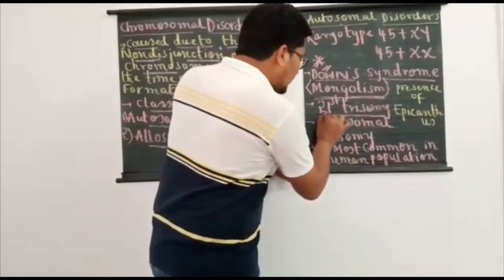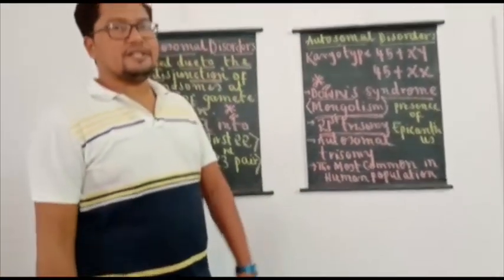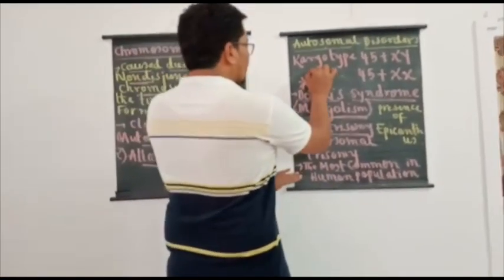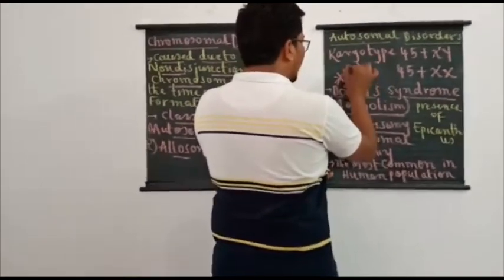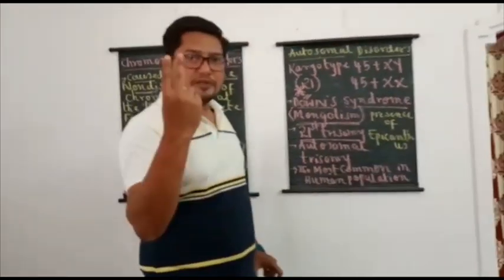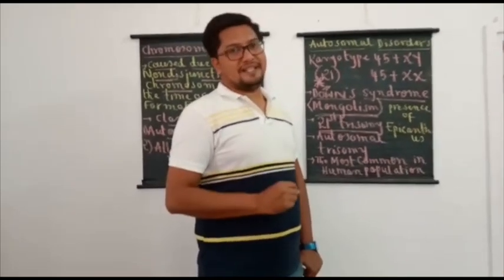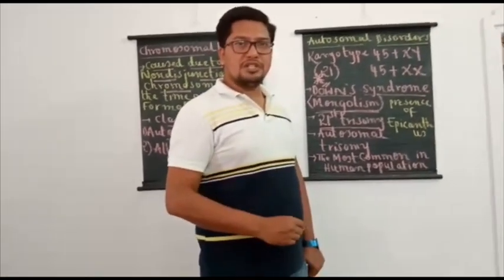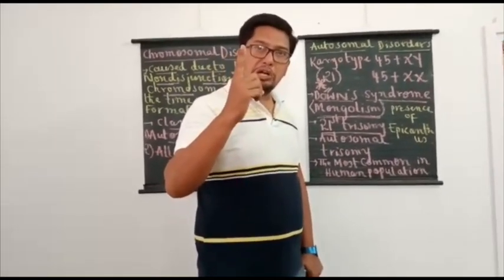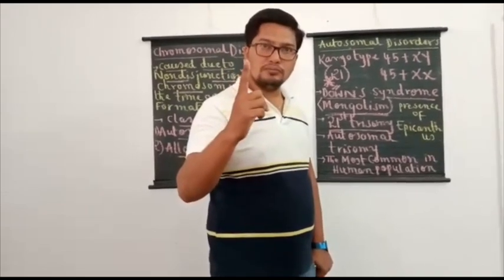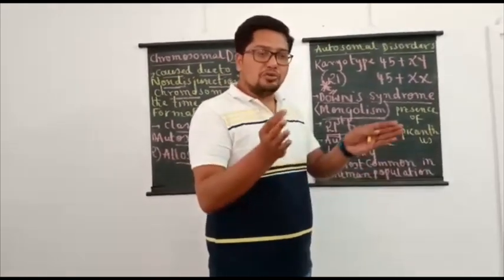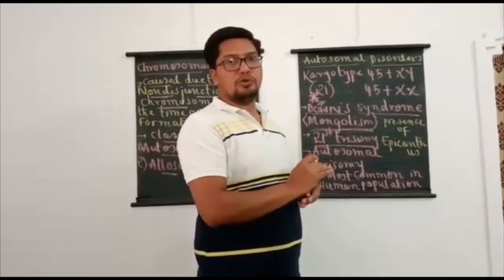What is 21st trisomy? It is very clear. In the 21st pair, 2 copies of autosomes are naturally present. In Down syndrome, an extra copy of autosome is added to the 21st pair of chromosomes.